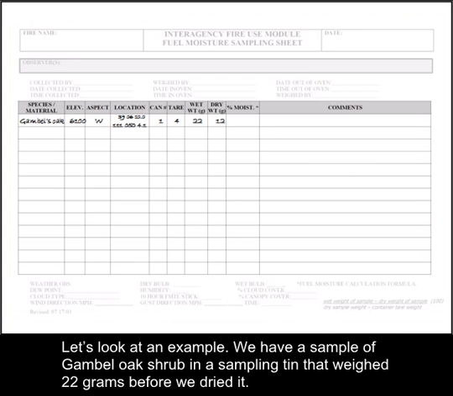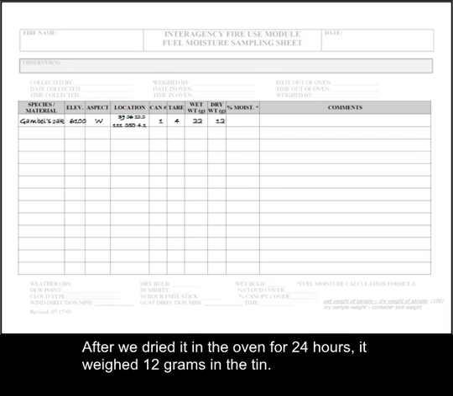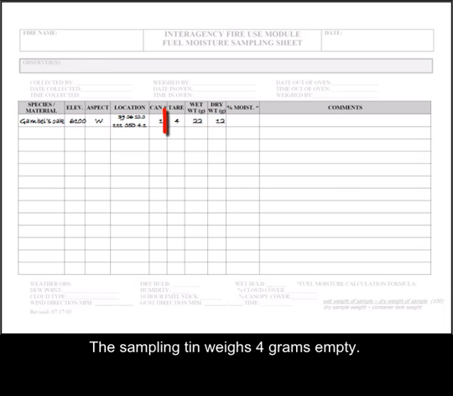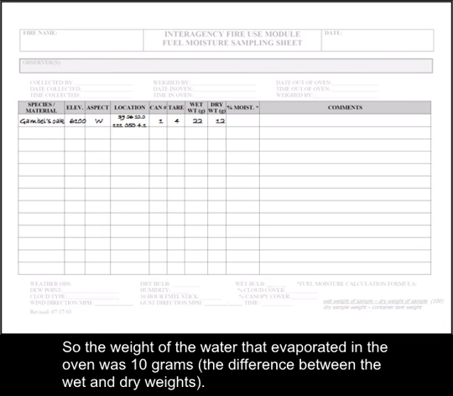Let's look at an example. We have a sample of Gamble oak shrub in a sampling tin that weighed 22 grams before we dried it. After we dried it in the oven for 24 hours, it weighed 12 grams in the tin. The sampling tin weighs 4 grams empty. So, the weight of the water that evaporated in the oven was 10 grams, the difference between the wet and dry weights.